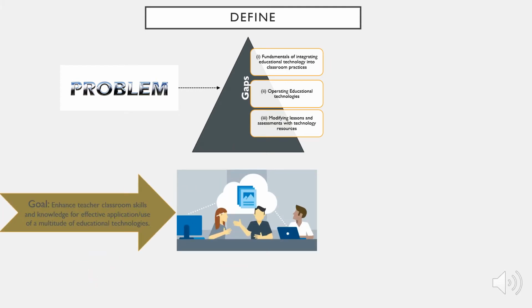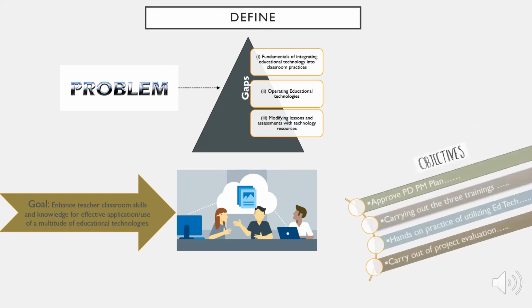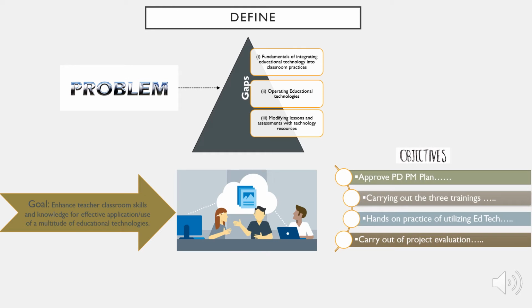Within a 2-year period, our project goal aims to enhance teacher classroom skill and knowledge for effective application and use of a multitude of educational technology for instruction and student learning. And also several specific objectives are defined as the following. To get approval on the professional development plan from superintendents and school administrators.